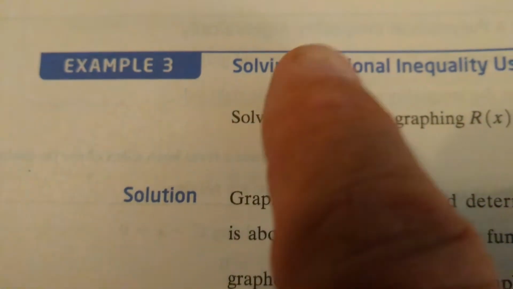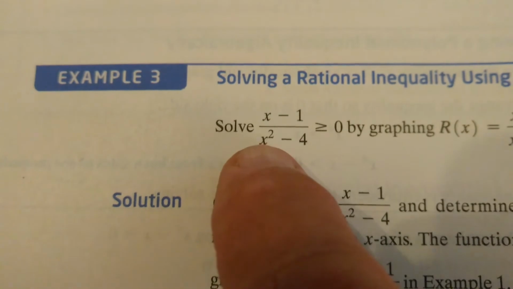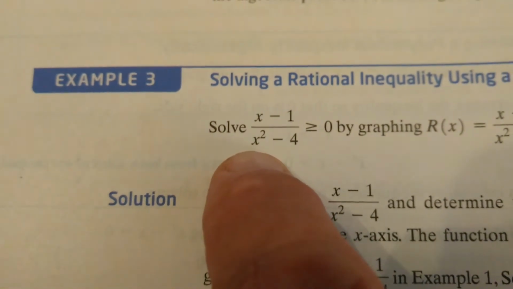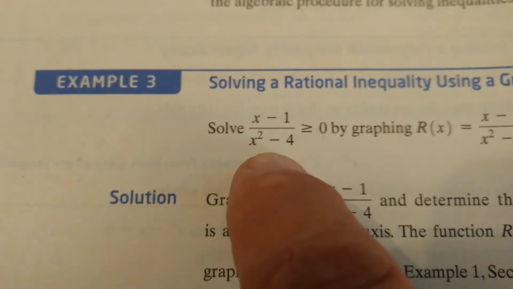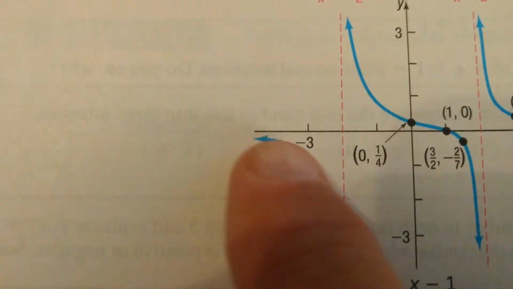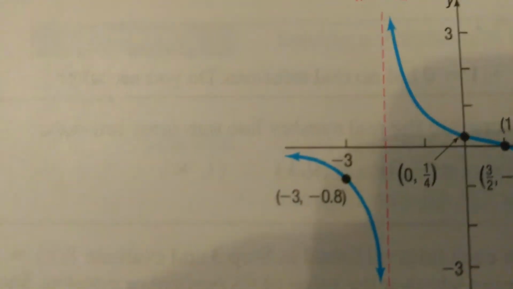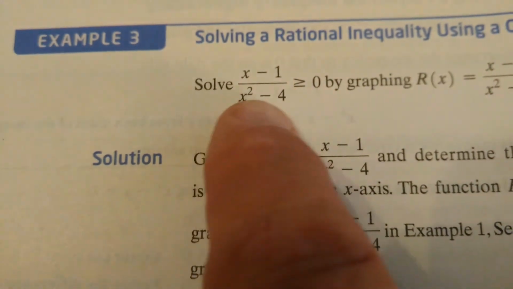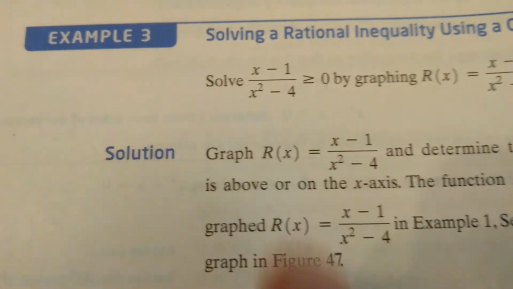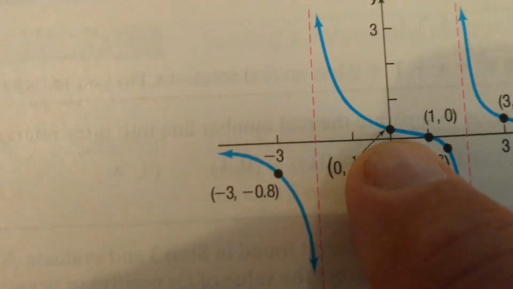If we look at this problem, on our horizontal asymptotes, the leading degree is bigger in the denominator than the numerator. So that means our horizontal asymptote is y equals 0, which is actually the x-axis coming through here. We can then plug 0 in for x, and we find out that our y-intercept is at 1/4, which is what they've plotted here.